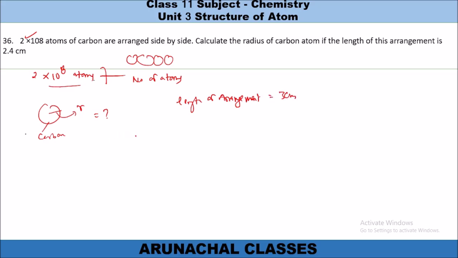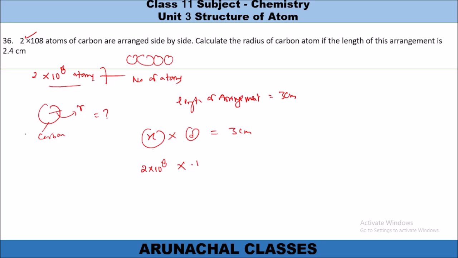So we know that there are x atoms, and these x atoms, each with diameter d, give a length of 3 centimeter. Here x is 2 × 10⁸ atoms, and each has some diameter.